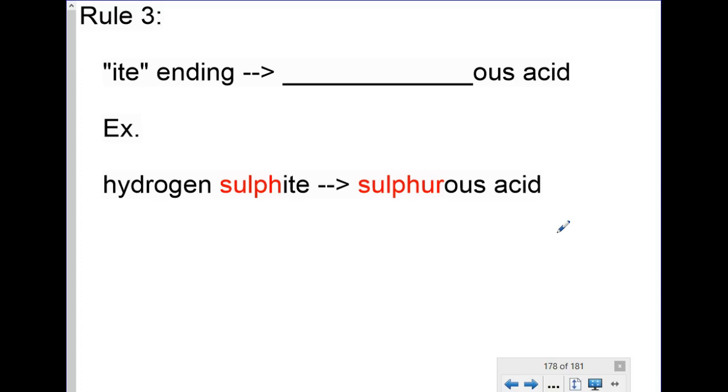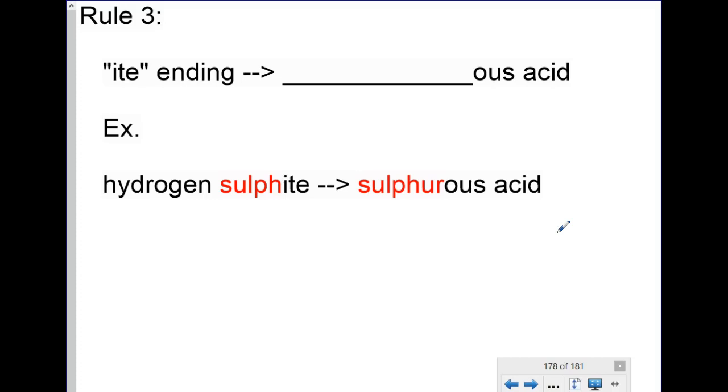As with anything, we need to practice. You had a worksheet on your desk or lab station when you came in titled Naming Acids Worksheet. Does nitric acid fit into rule 1, 2, or 3?